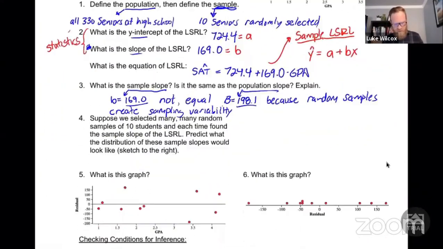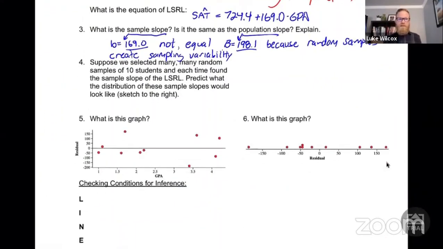Well, that leads us right into question number 4 here, which says, suppose we selected many, many random samples of 10 students and each time found the sample slope of the LSRL. Predict what the distribution of these sample slopes would look like. I'm a big fan of the dot plot, so we're going to draw ourselves a dot plot here. We got a slope of 169.0, and you'd put that dot down.